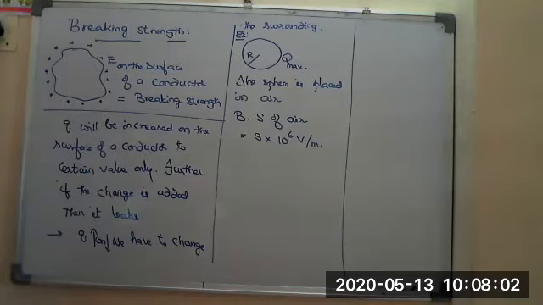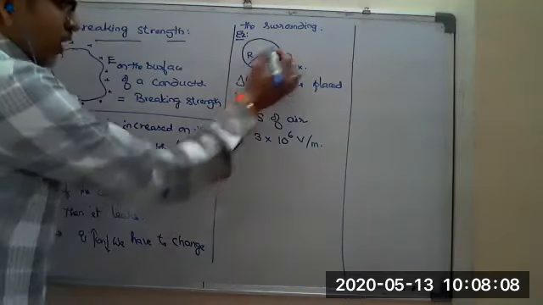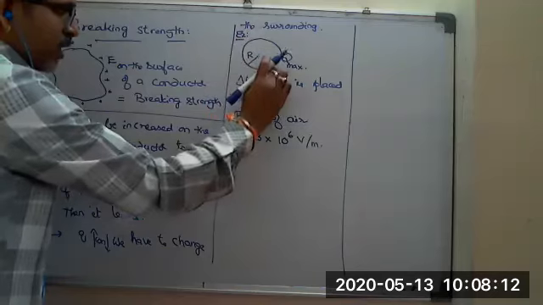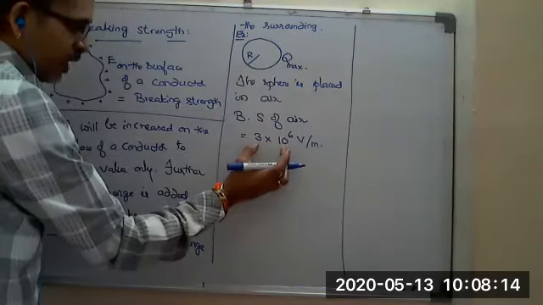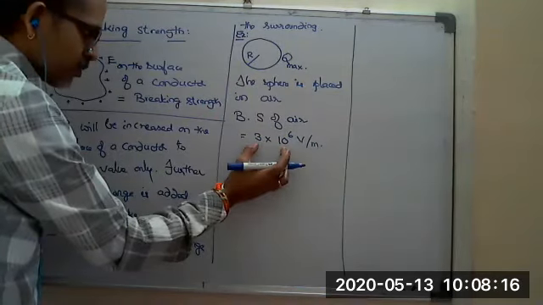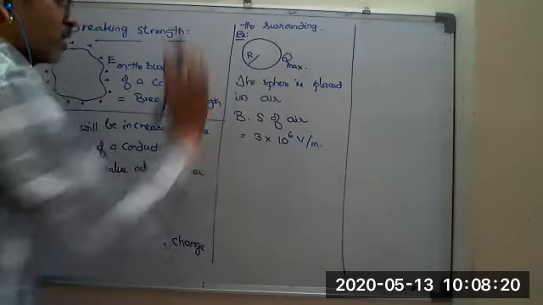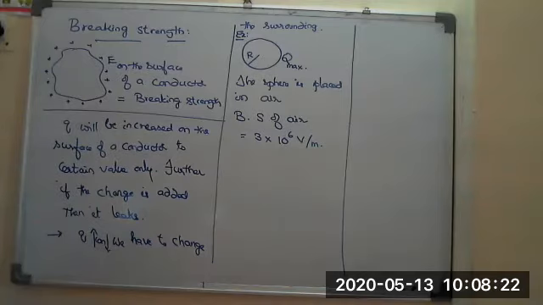So what he is saying indirectly is, if you increase the field intensity on the surface of the sphere up to 3 into 10 power 6, no problem, the charge will reside on the surface without leaking into the surroundings.